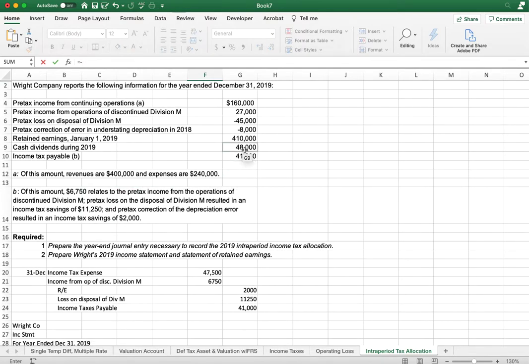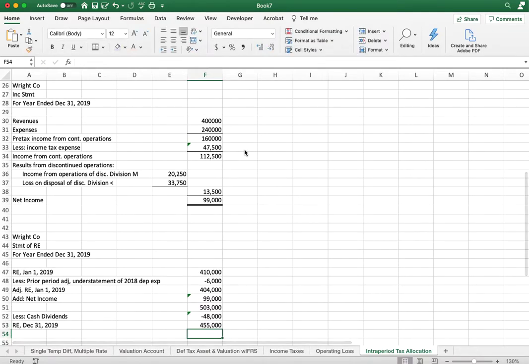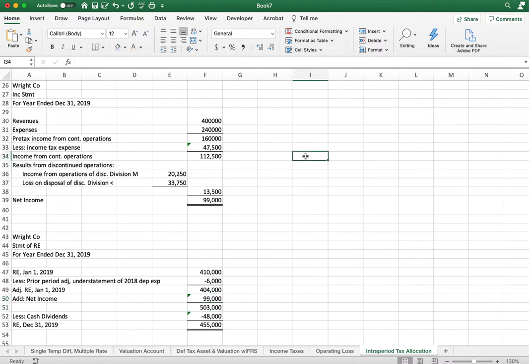We want that to be reported in the negative, so I'll put the negative sign there. For a retained earnings balance at the end of the year of 455,000. And again, we'll just add our lines in here so that we can more easily identify those subtotals. And there we have it.